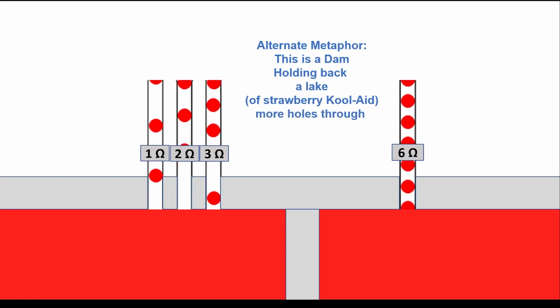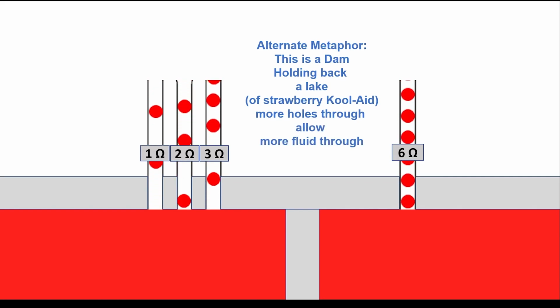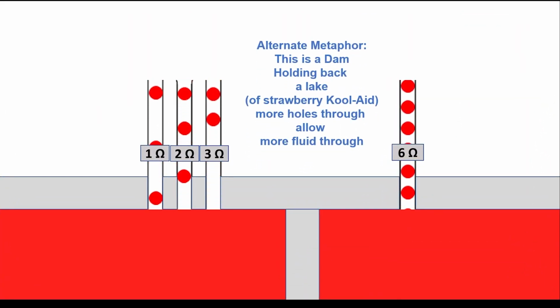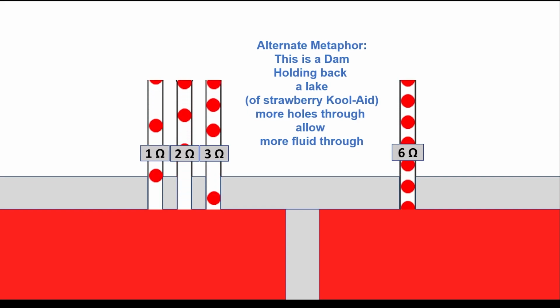Notice that more holes in the dam means more strawberry Kool-Aid gets through. More fluid gets through with more holes. I want to go back here. And so just a different metaphor to help you understand why the total resistance, every time you connect another pipe, you are adding resistance, but what you're also doing is reducing the total resistance because you're adding more holes.